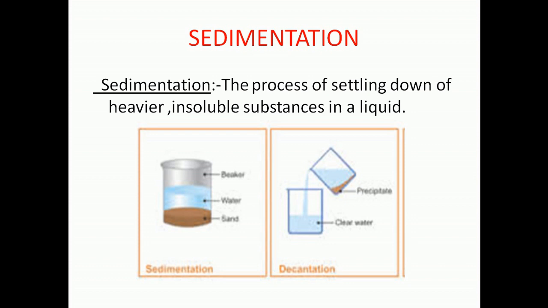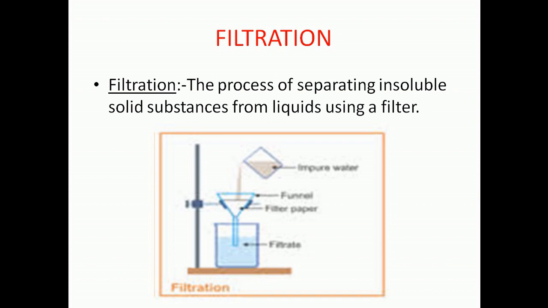This is called decantation. But decantation cannot separate the solid substances from water completely. These substances can be completely removed by filtration. Now children, filtration is a process to separate insoluble solid substances from liquids by passing the mixture through a filter.